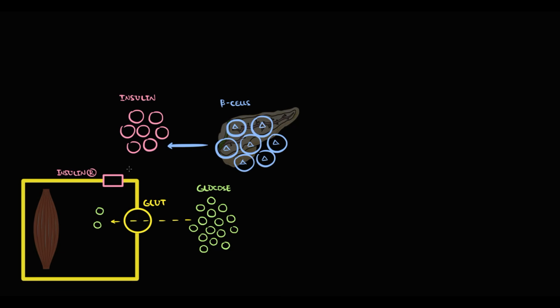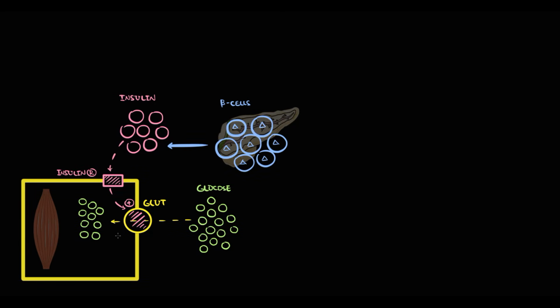And when insulin in the blood binds to insulin receptor on tissues, with binding, insulin significantly accelerates the function of GLUT transporter. And now, under the insulin effect, GLUT transporter can deliver significantly higher amount of glucose molecules from the blood into the tissues.